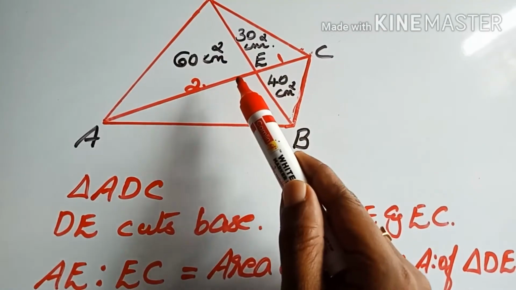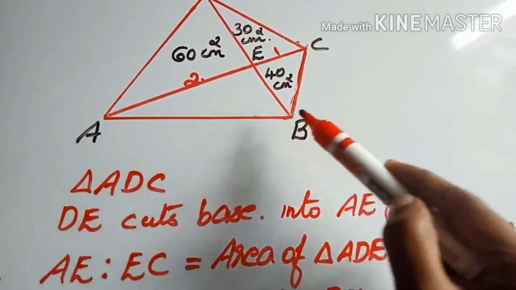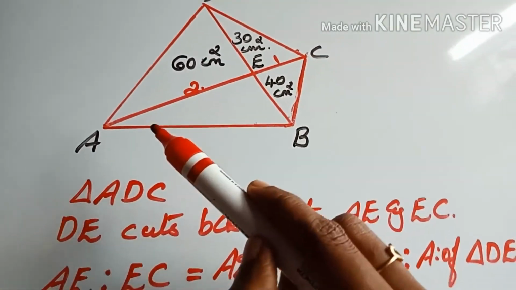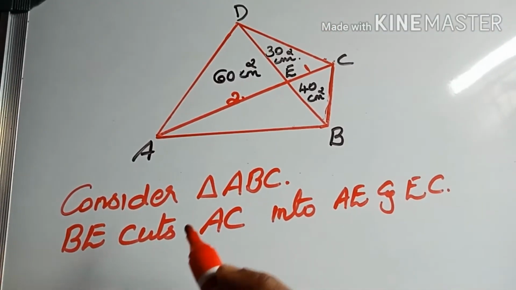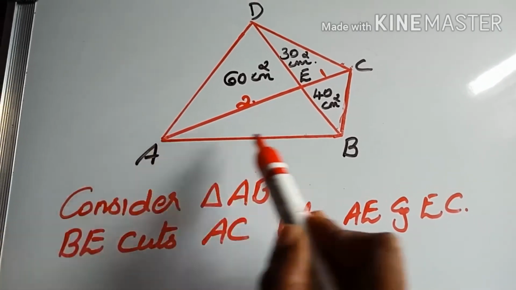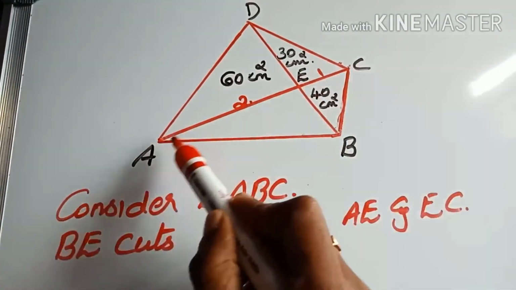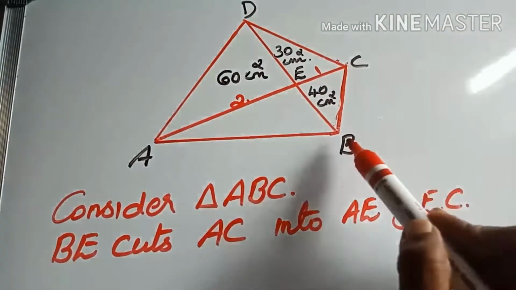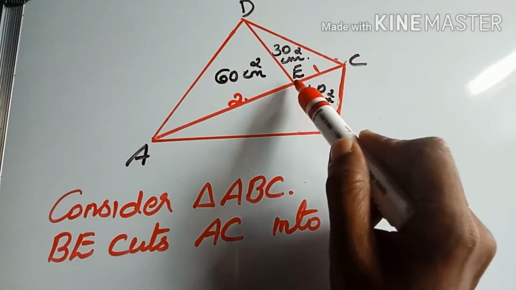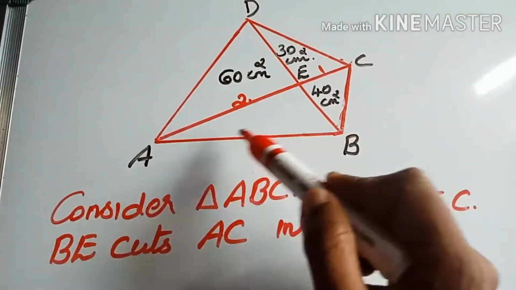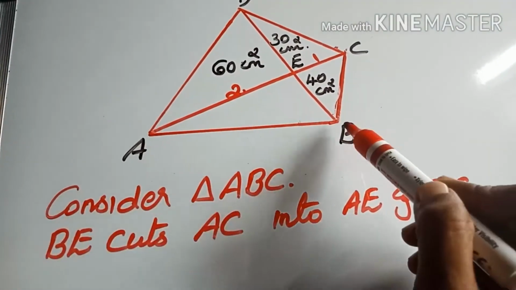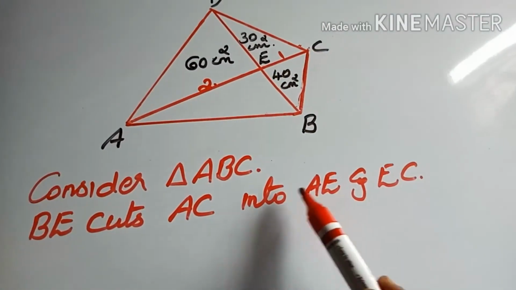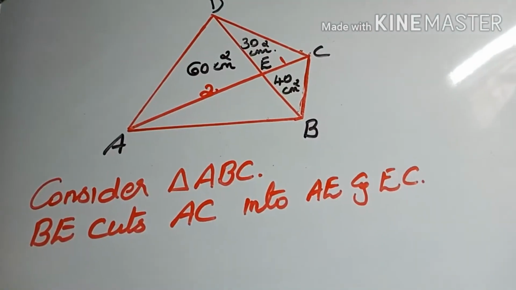Now, the same rule we are going to apply in the next triangle, triangle ACB, the down part. Here we are considering triangle ABC. AC is the base and B is the upper vertex, because this line is from the B point. So this line BE cuts the base AC into AE and EC, same as the previous case.